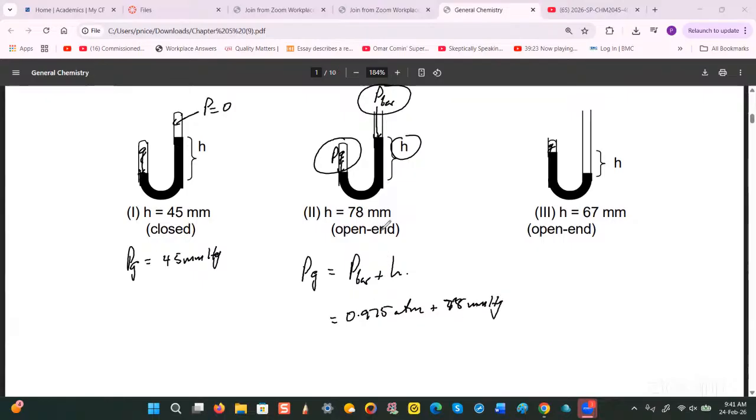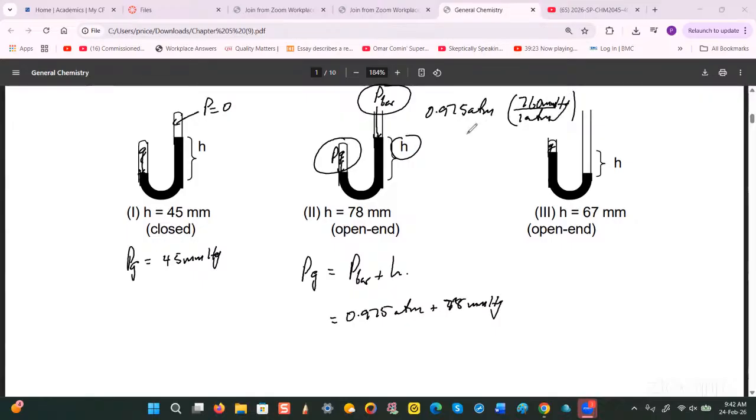Or you cannot add them directly, I should say. So what you need to do is either convert the atmosphere unit to millimeters mercury or vice versa. So I'm going to choose to convert the 0.975 atmospheres to millimeters mercury. And if you recall, I said that 1 atmosphere is equal to 760 millimeters mercury.